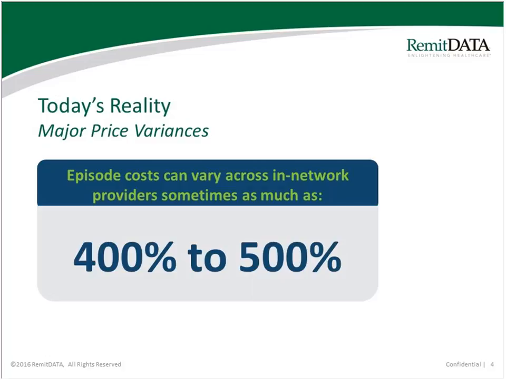As a typical example, if we look at knee replacements, orthopedic surgeons often perform a knee replacement at multiple facilities, and they're reimbursed the same regardless of the facility they select. Surgeons are unaware of the reimbursement rates those facilities have negotiated with an individual payer. So when you look at the overall episode cost, you end up with variances as much as 400 to 500% across in-network providers for the same procedure.